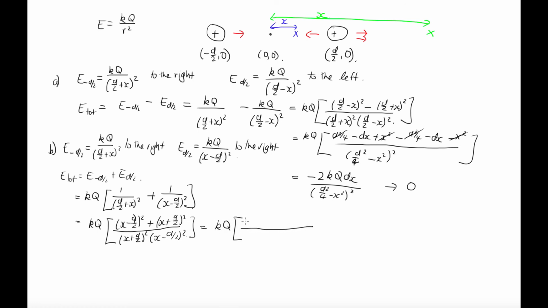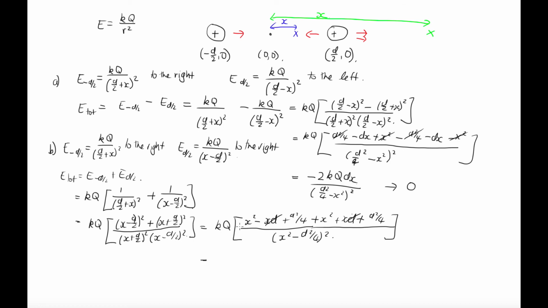On the top, we've got x squared minus xd plus d squared on 4 plus x squared plus xd plus d squared on 4. So you can see the xd and the minus xd will cancel, and then this one we can write as x squared minus d squared on 4 squared.